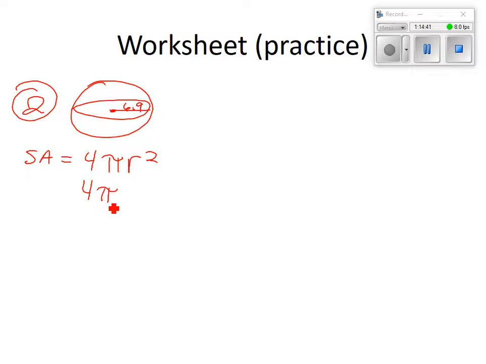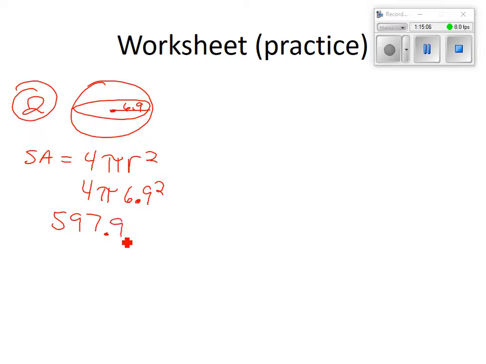What's the radius this time? 6.9. 6.9 squared. You punch all that right into your calculator. 4 times pi times 6.9 squared. So punch it in. I got 598. 597.9.